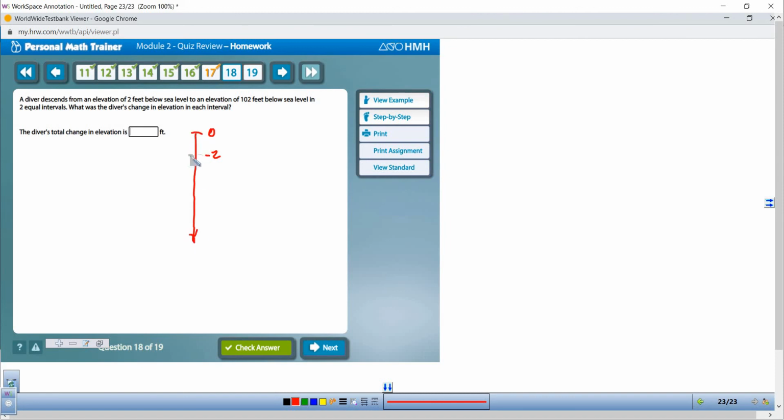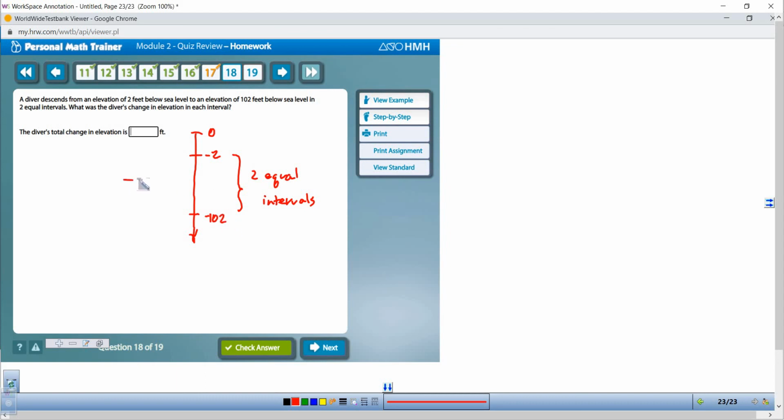So here's 0. So there's negative 2 feet. That's where he was at. To an elevation of 102 feet below sea level. So now he's at negative 102, and he did it in 2 equal intervals. All right, well, let me ask you, how far did this diver go?